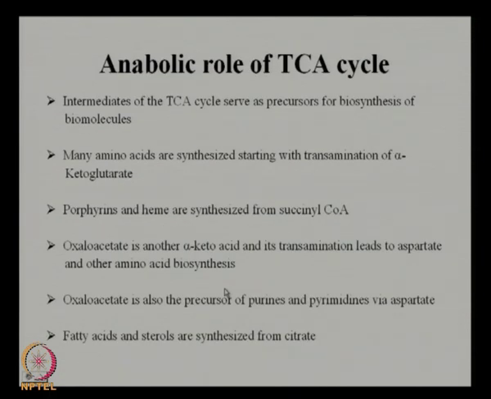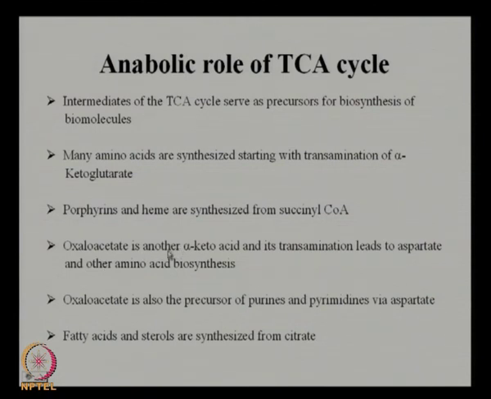Now, coming to the anabolic role of the TCA cycle, the intermediates of the TCA cycle serve as the precursors for biosynthesis of biomolecules. Many amino acids are synthesized starting with transamination of alpha ketoglutarate. Porphyrin and heme are synthesized from succinyl CoA.